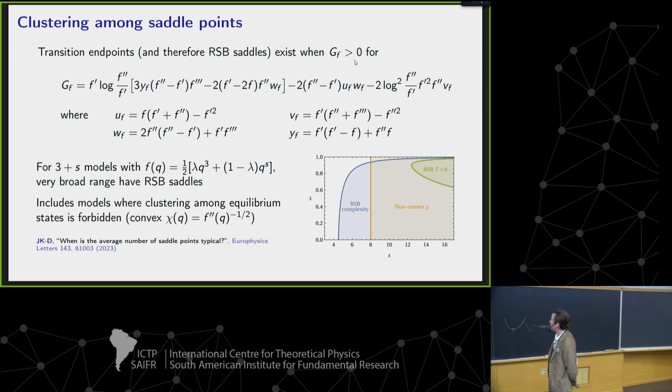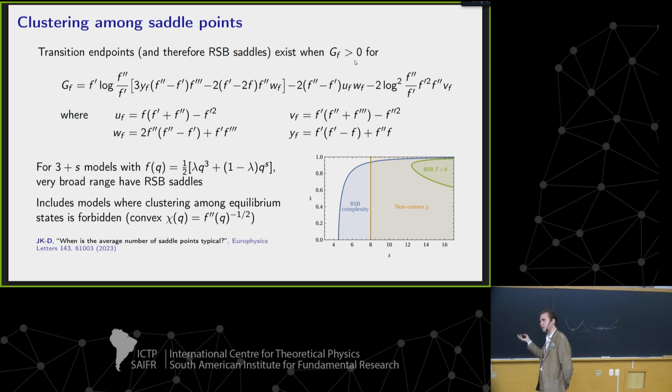The non-convex chi, the yellow region, it's a bad label perhaps, but it comes from the equilibrium treatment, a very old result from Crisanti and Sommers back in the mid-90s.